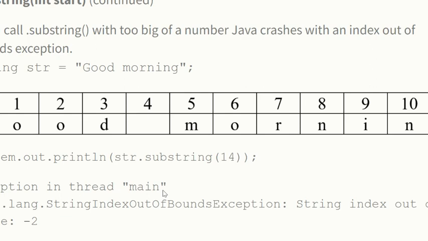I don't know why it gives us a -2. It's kind of weird because you couldn't do 12 either, like 14. If we did 12, it would still crash. So anyway, we don't have to worry about the number -2, but index out of bounds. So you might get this error and then go, oh, I remember, we're not allowed to go too big.